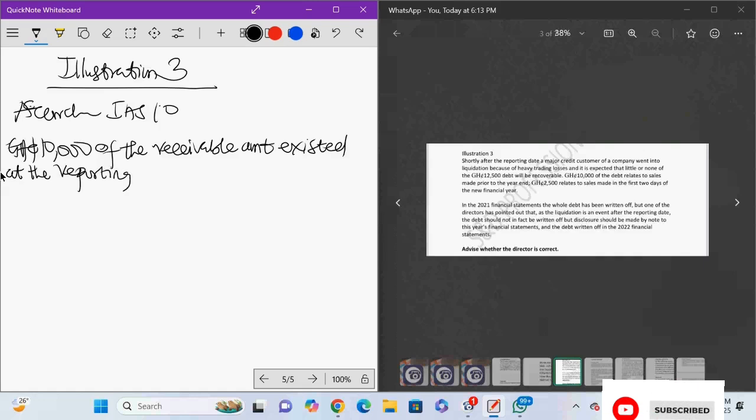At the reporting date. When you say reporting date, I believe you know that is from, in the example, January to this.